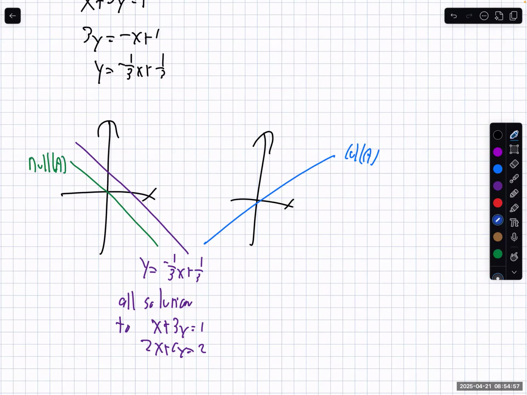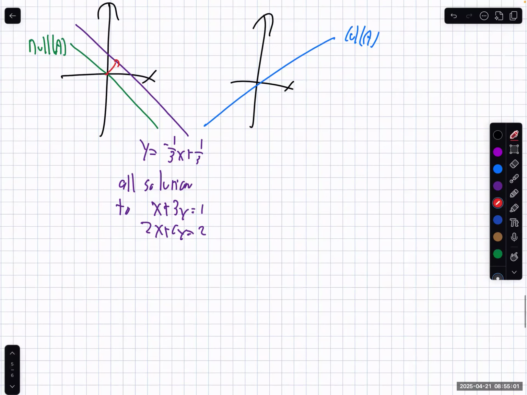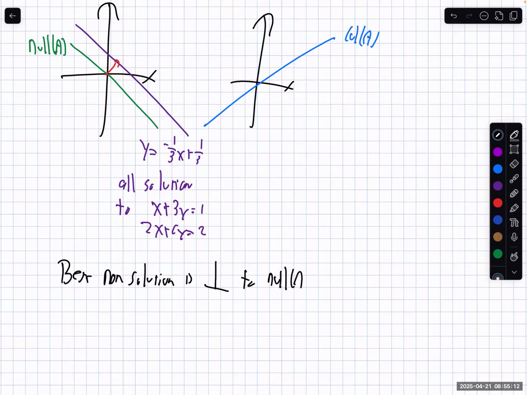Then the best non-solution is perpendicular to the null space of A. In other words, it's in the orthogonal complement of the null space, which is the column space of A transpose.